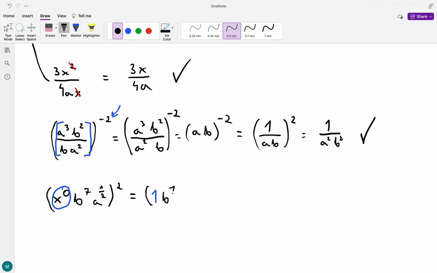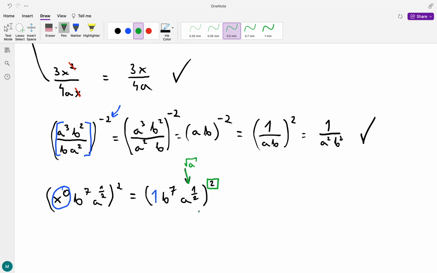Times b to the power of 7 and a to the power of 1/2 squared. Now you might be tempted to write this one out, let me put it in color, as square root of a, right? But look at this exponent. That's 2. We are going to multiply it by 1/2. 1/2 times 2 is simply 1.